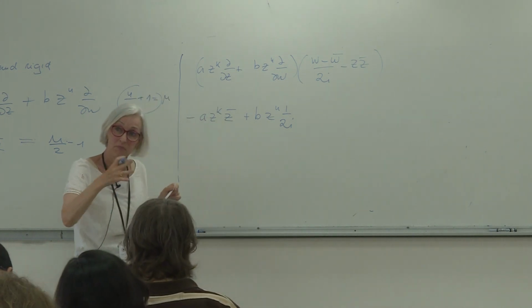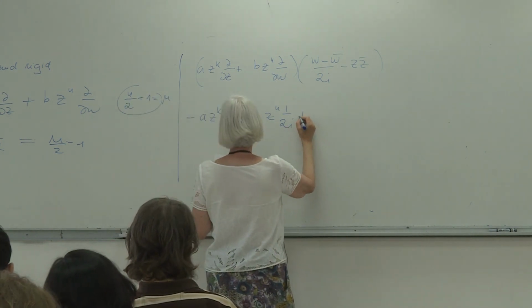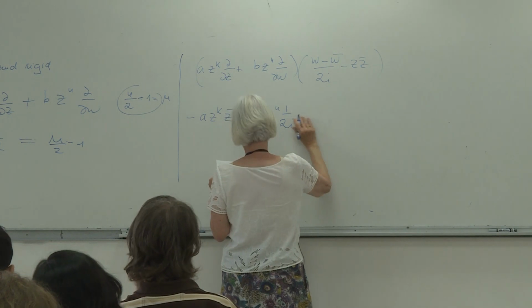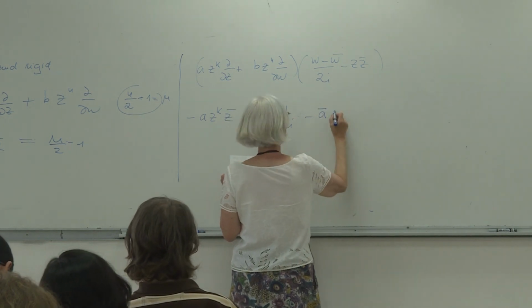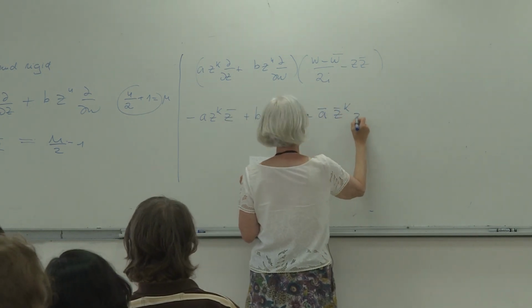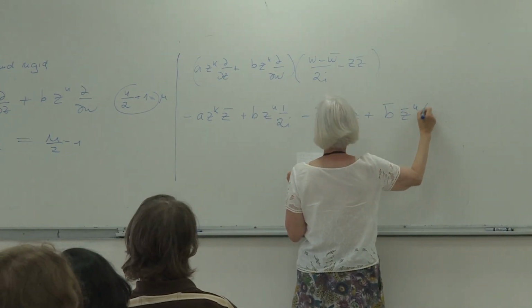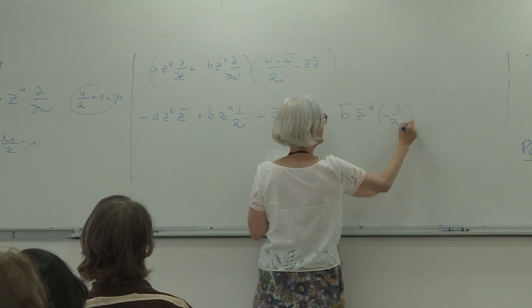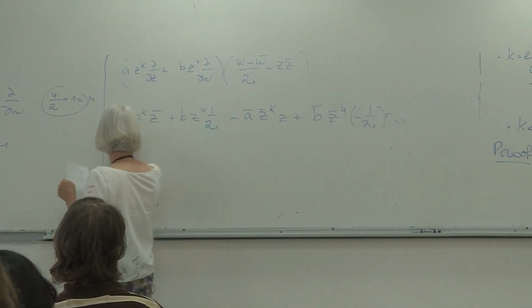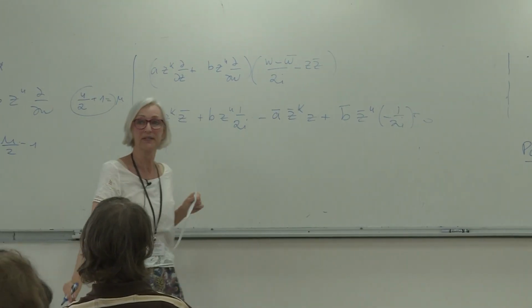Now I take the real parts, I add, so it's going to be minus A bar z bar^k z plus b bar z bar^u minus 1 over 2i is equal to 0. And k is bigger than 1. So what happens?